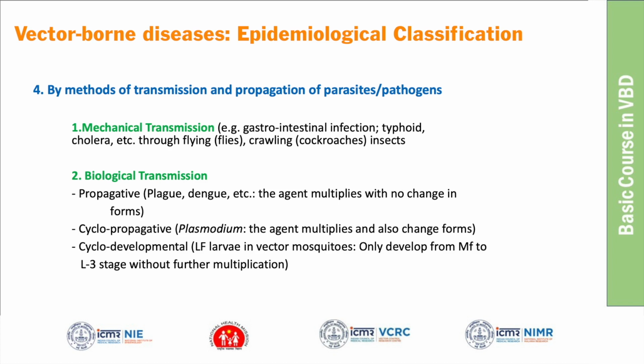For example, in case of plague, as I said, and dengue, there is a multiplication; in chikungunya, in Zika, in KFD, same case, there is a multiplication without changing the form. In cyclopropagative, the agent multiplies and also changes its forms, like Leishmania, like Plasmodium. In the third category, the larva simply develops, as in case of lymphatic filariasis, the LF larva only transforms itself from microfilaria to the L3 stage, which is infective.